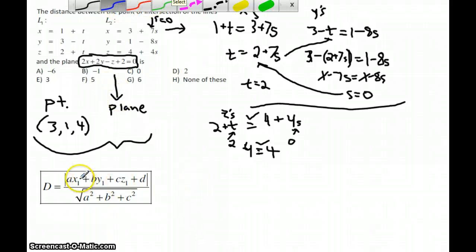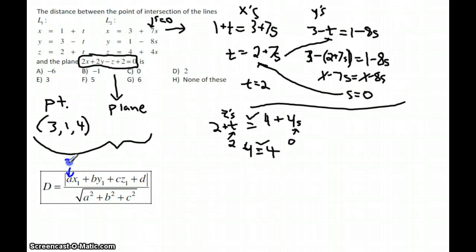What are A, B, and C? Well, A is the coefficient on x in the plane, so this is a 2. B is the coefficient on y in the plane, that's also a 2. C is the coefficient on z in the plane, that's a -1. In the plane, the constant is called D, and that's a 2.